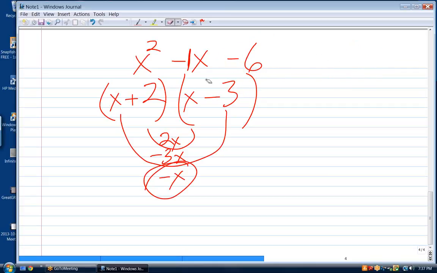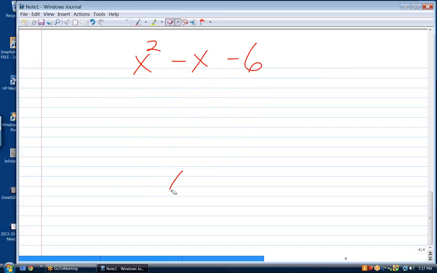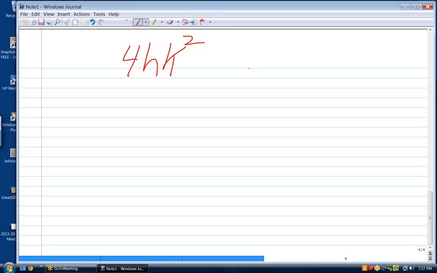Okay. So it looks like you're pretty good at factoring those also. So what else do you have that you're having trouble with? We can do 4hk squared plus 16h squared k.